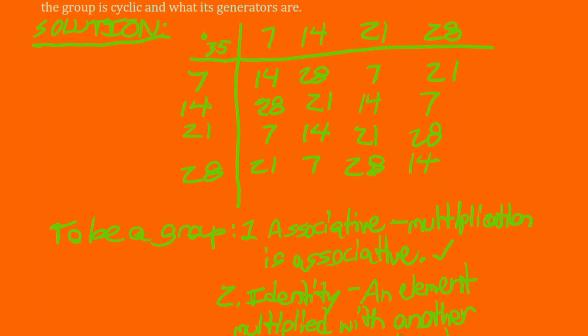And if we look at our table up here, we can see when we multiply 21 with all of our elements, when we multiply it with 7, it gives us 7. When we multiply it with 14, it gives us 14. 21, 21, 28, 28, so on and so forth. So 21 is our identity.